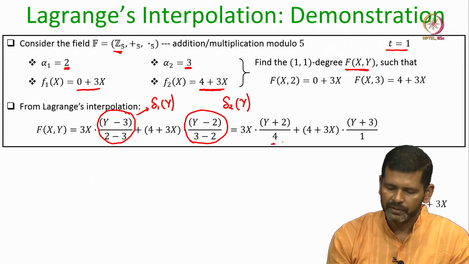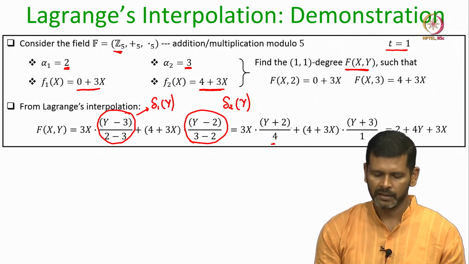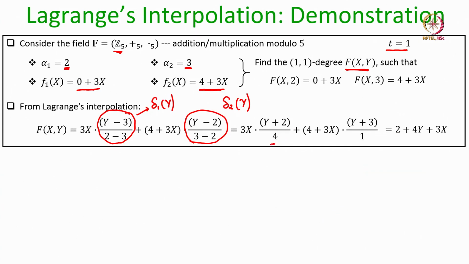And division by 4 is nothing but multiplying the numerator with the multiplicative inverse of 4. So, what will be the multiplicative inverse of 4? The multiplicative inverse of 4 will be 4 because 4 into 4 is 16, 16 modulo 5 is 1. So, basically this term is nothing but 3x into 4 into y plus 2 and so on. And remember, all the plus and multiplication operations are performed modulo 5.